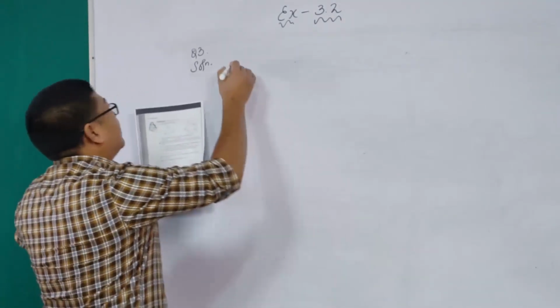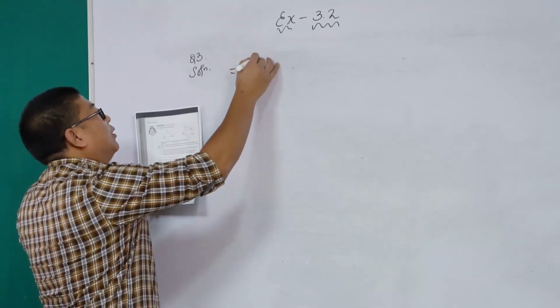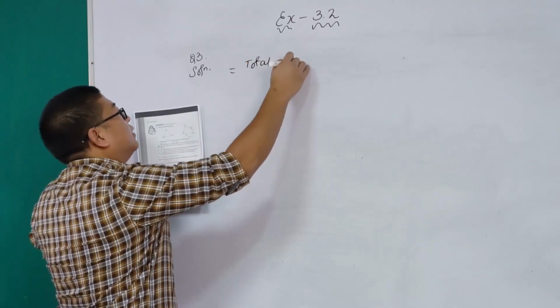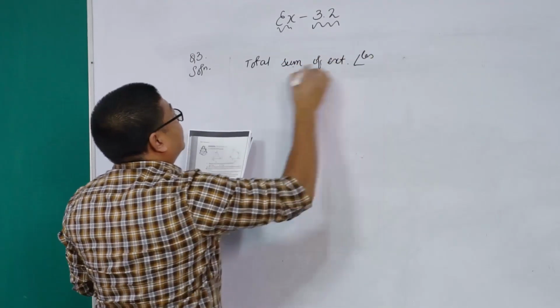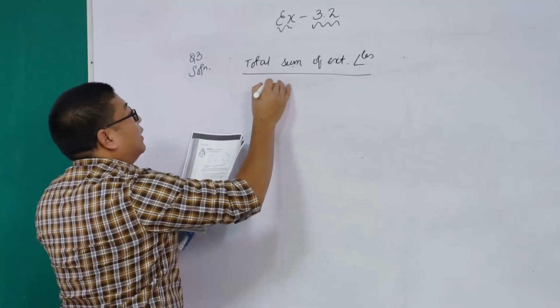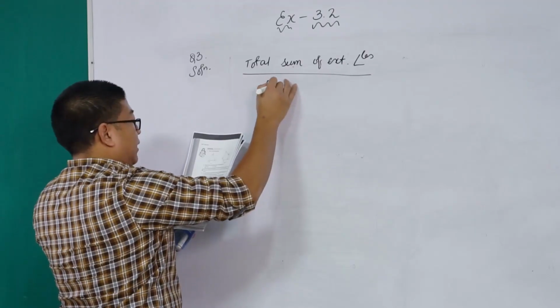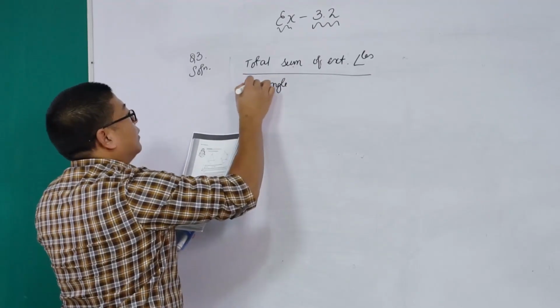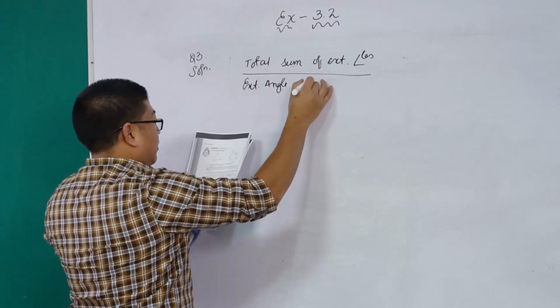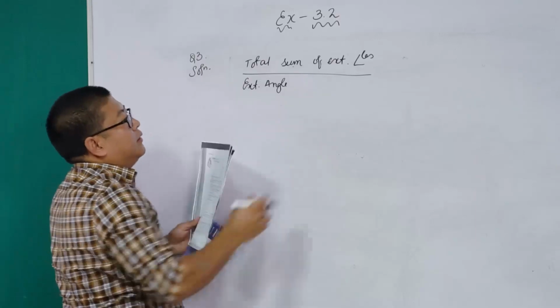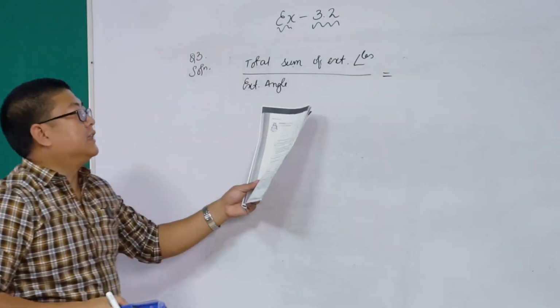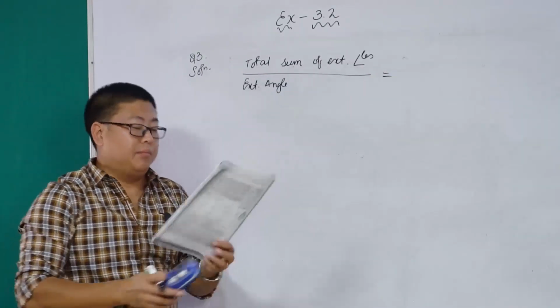Now what we're going to do is we're going to change it to the total sum of exterior angles divided by the exterior angle. The exterior angle is given and the total sum we know.